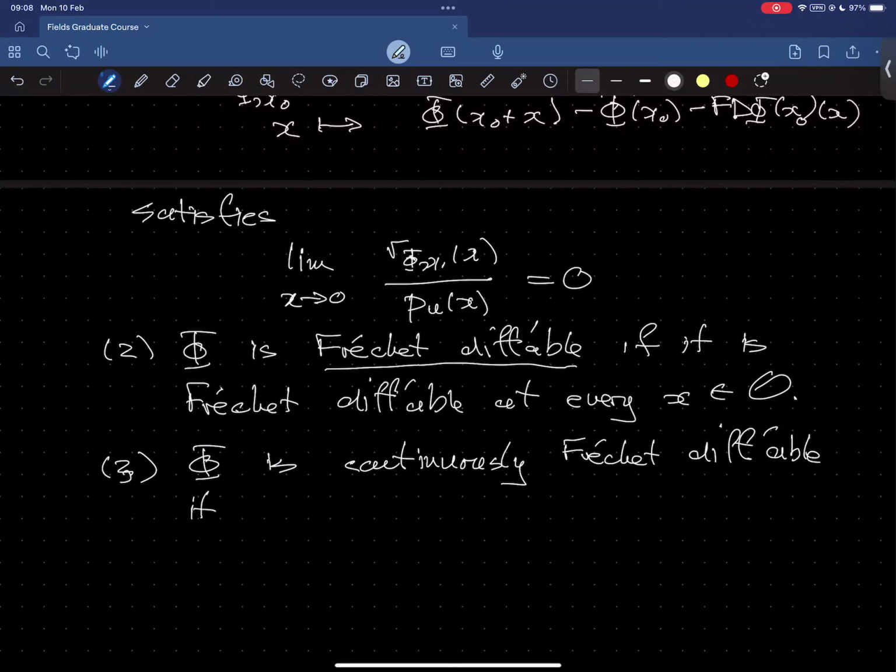If it's Frechet differentiable, of course.